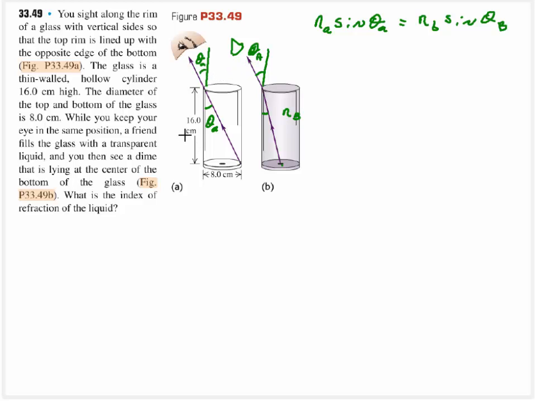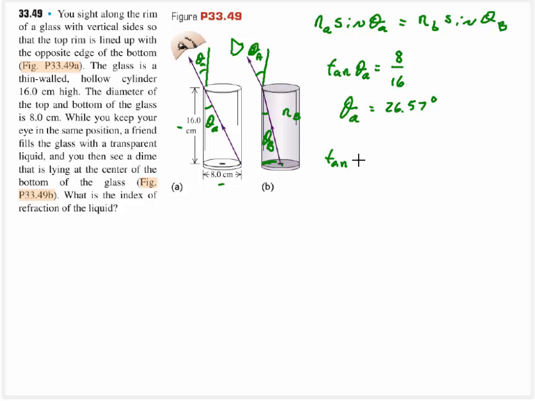So here we know the adjacent side and the opposite side, and so the tangent of theta A is going to be equal to the opposite, 8 centimeters, divided by the adjacent, 16 centimeters. And now we know that theta A is going to be equal to 26.57 degrees.